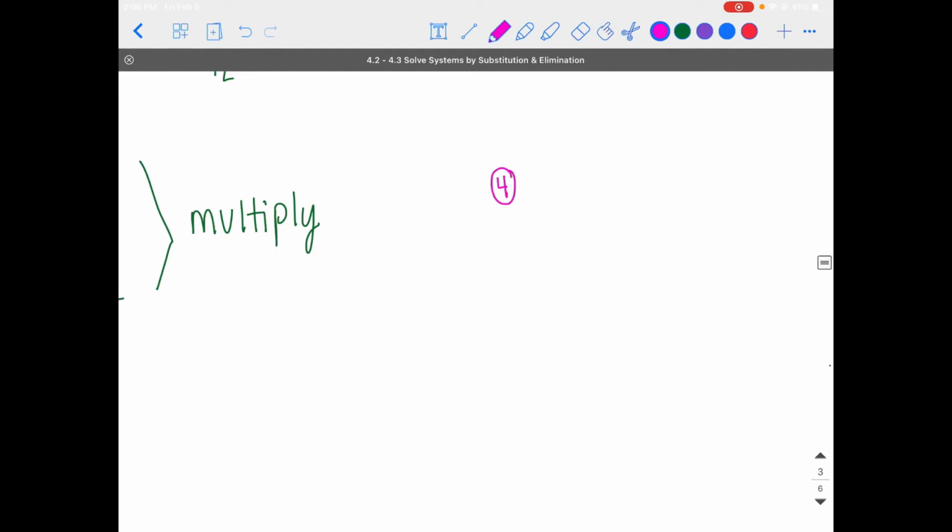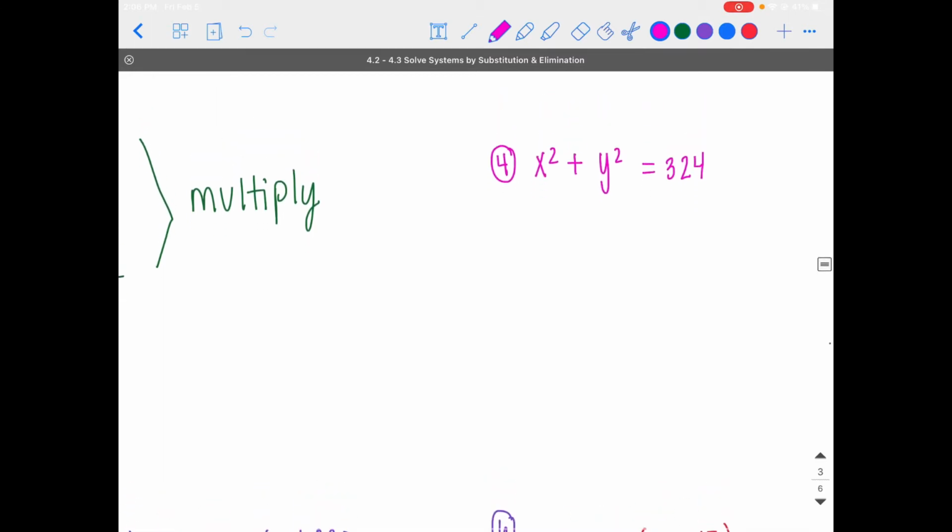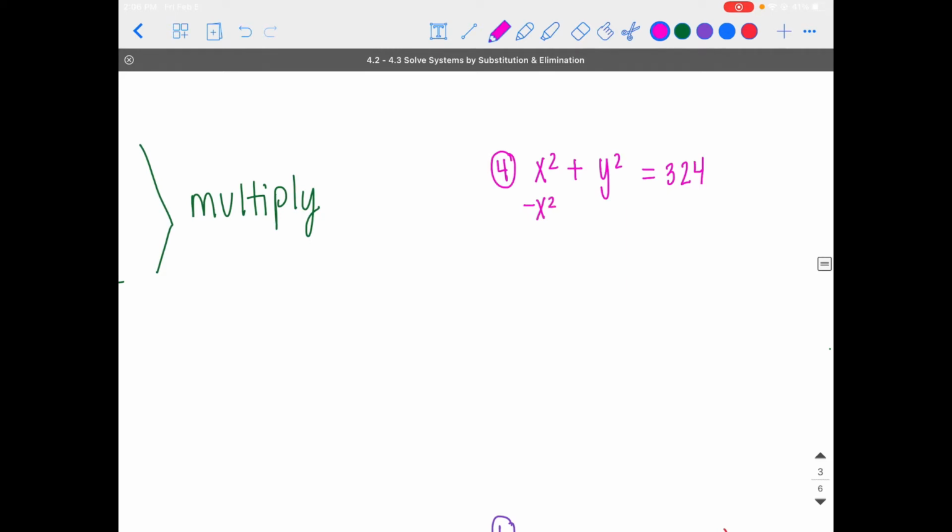All right, number 4. We have x squared plus y squared equals 324. And I want to be able to solve for y and get a real answer, not an imaginary number. So let's go ahead and solve this for y. So I'm going to start by subtracting x squared.